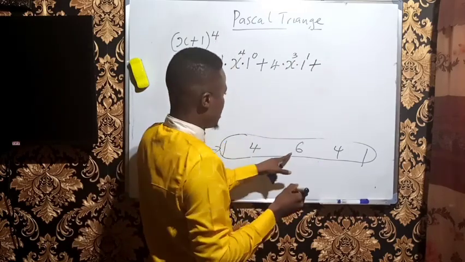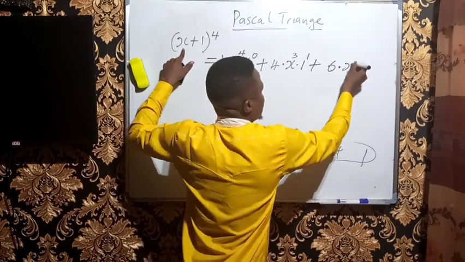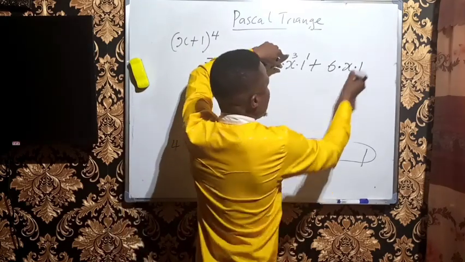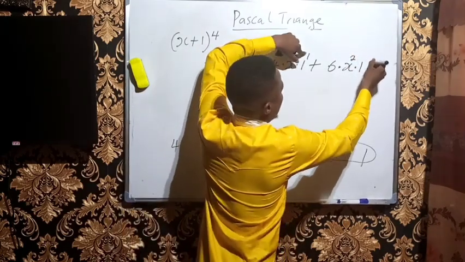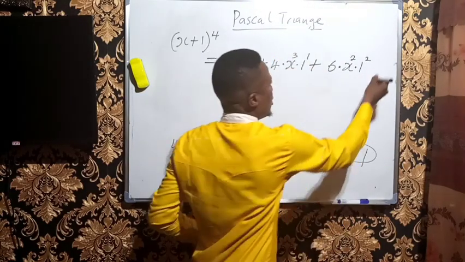Plus, the next coefficient is 6. It will multiply x and also multiply 1. The power of 3 reduces to 2, while 1 increases to 2, such that 2 plus 2 will still give us 4.